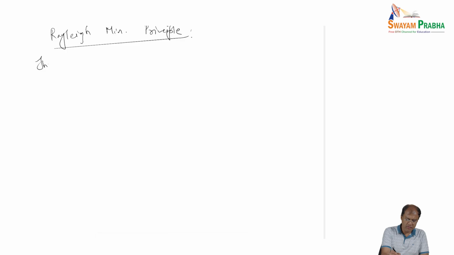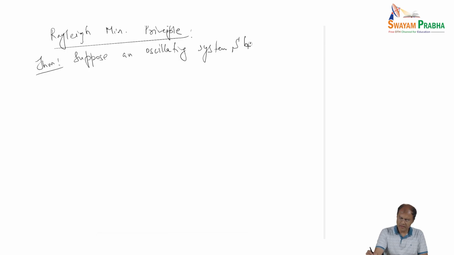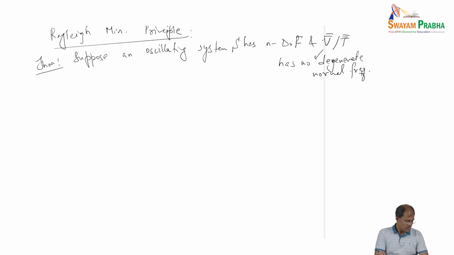Suppose an oscillating system S has n degrees of freedom, and V and T, the potential and the kinetic energy matrices, has no degenerate normal frequencies.